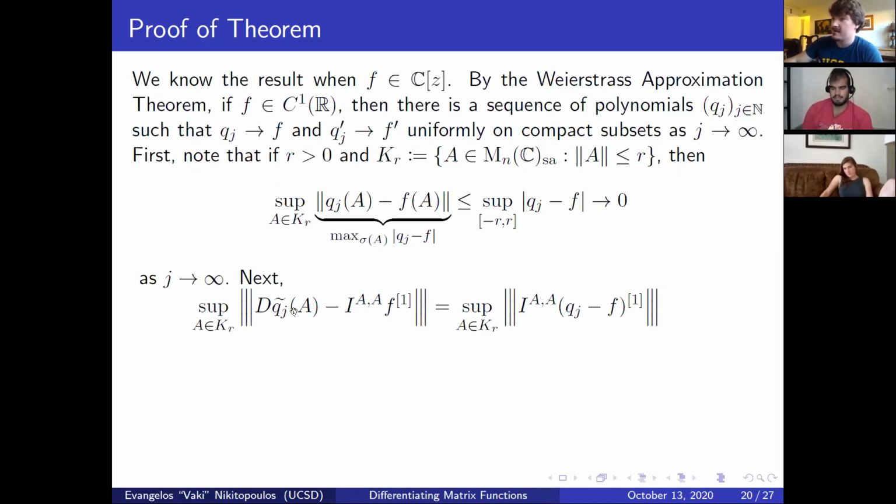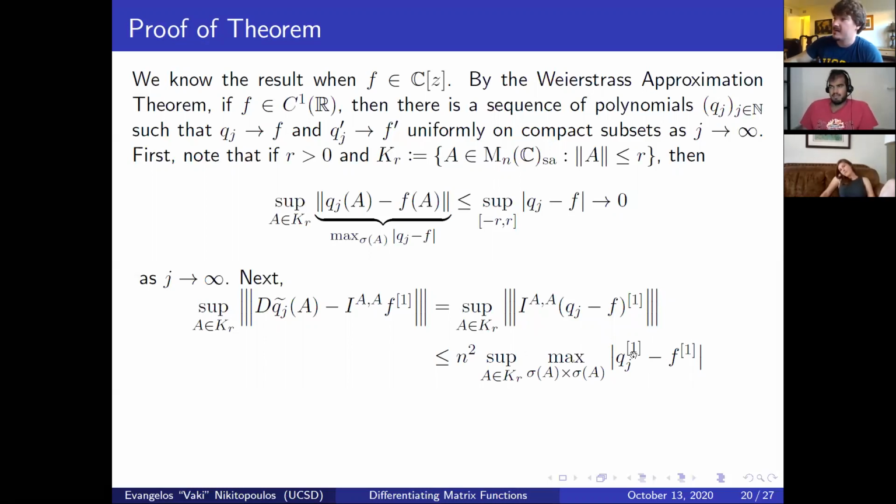Now, rewriting that for Qj, you get the sup over A of this operator norm, a double operator integral involving the first divided difference of Qj minus F. By the operator norm estimate from the last slide that I proved for you, this is bounded above by n squared, and then this gets the maximum value of the function inside, which is the first divided difference of Qj minus F.